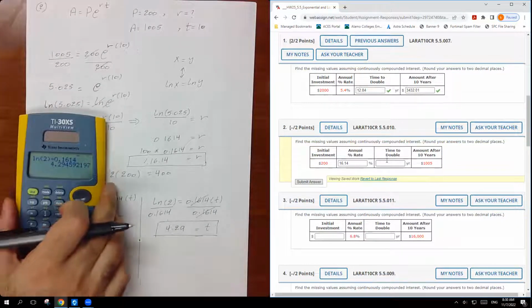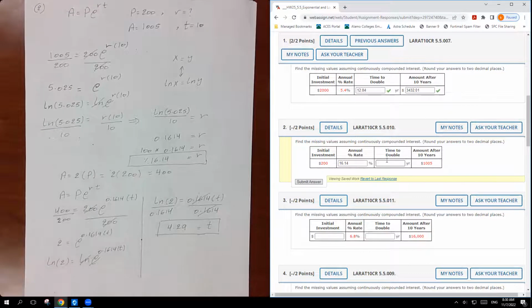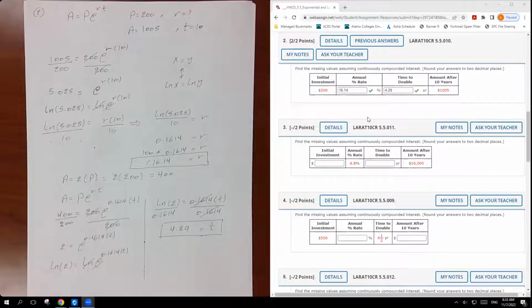That's it for this example. So we're going to plug in here 4.29. So our example 2, here is the solution, is right. Let's go to example 3.